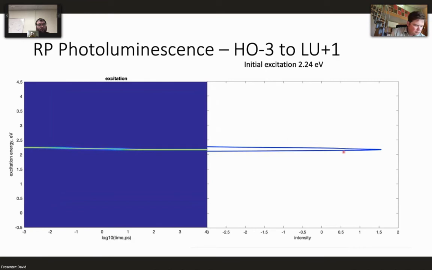Why are there no intraband transitions at the 0 mark for this one? I have no idea. Did you check that the intraband oscillator strength is vanishing?